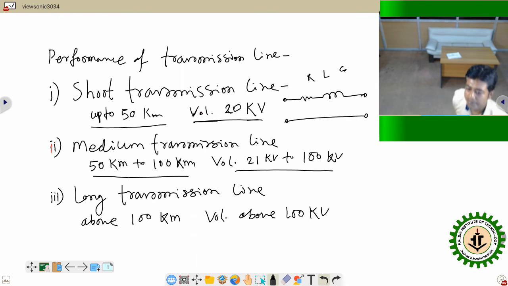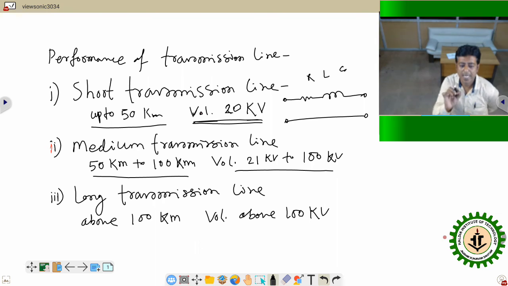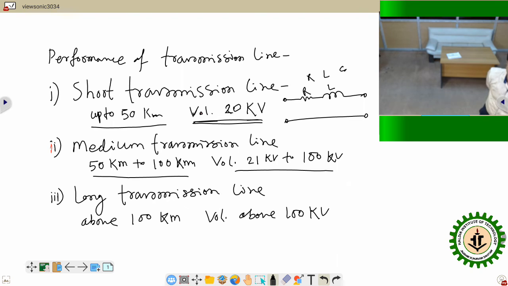Why? Due to the low voltage, we consider that whatever capacitance is formed is negligible. So only resistance and inductance we consider in case of short transmission line. Here this is your sending end voltage, this is your receiving end voltage.